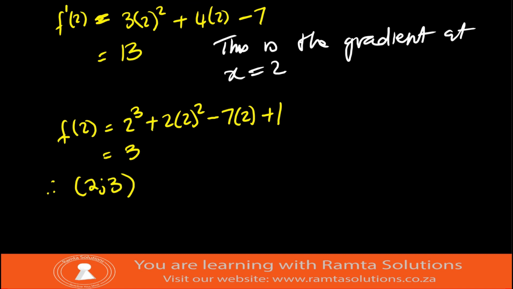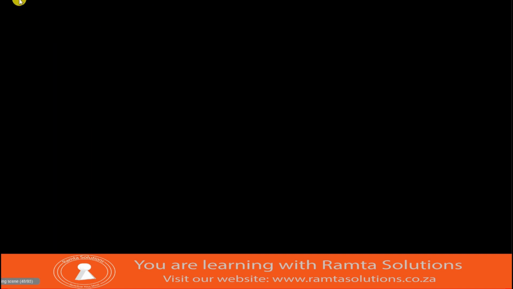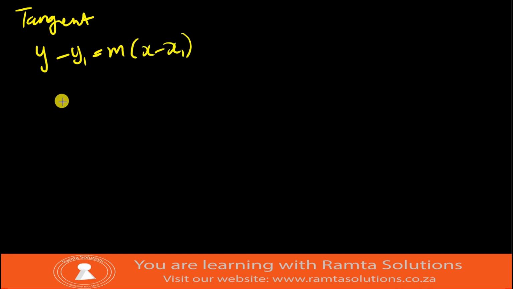So let's find the equation of our tangent. I will use y minus y1 equals m into x minus x1. You can also use y equals mx plus c. It's still okay. The point given is 2 and 3. Where there's x1 I put 2, where there's y1 I put 3.